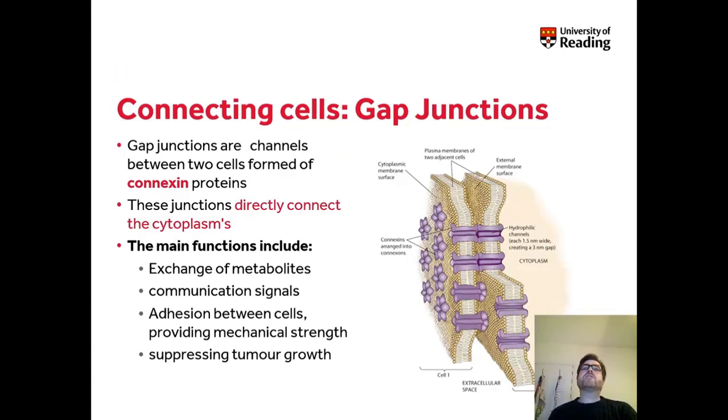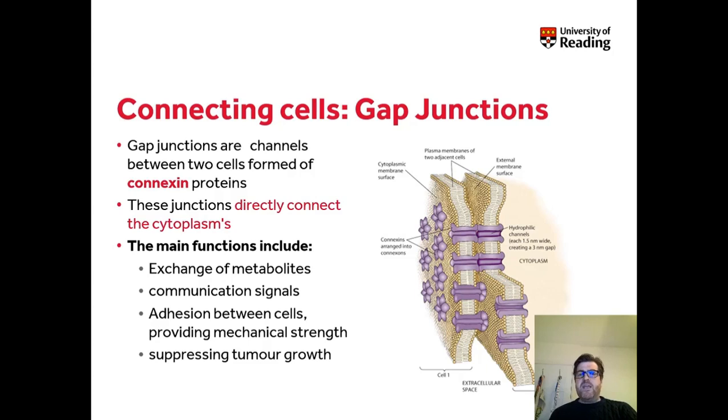The final major type of connection between cells are gap junctions, and these are slightly different because gap junctions are essentially channels between two cells formed of connexin proteins.